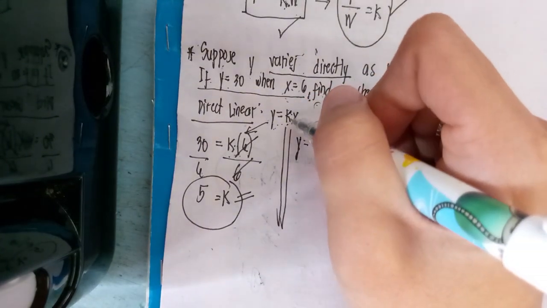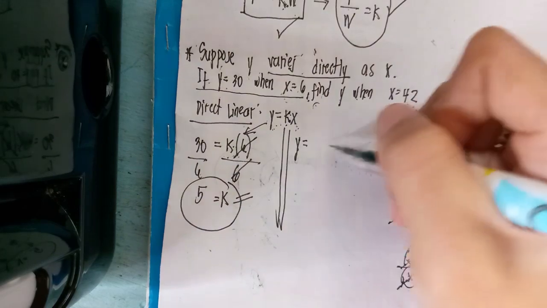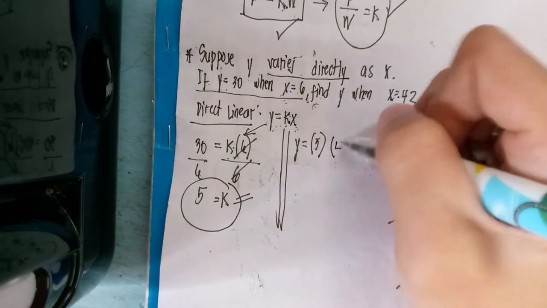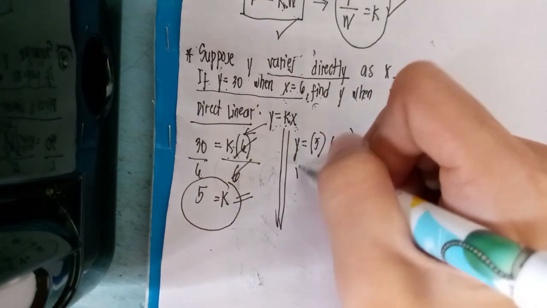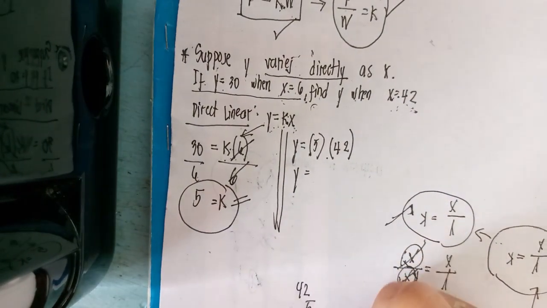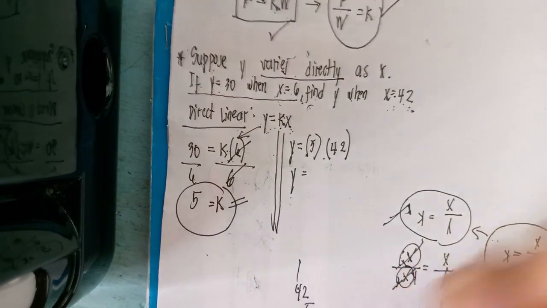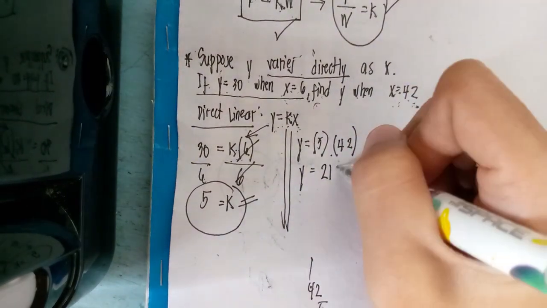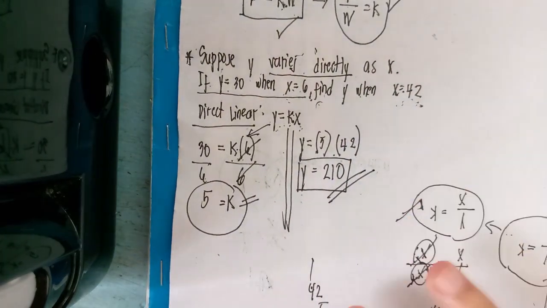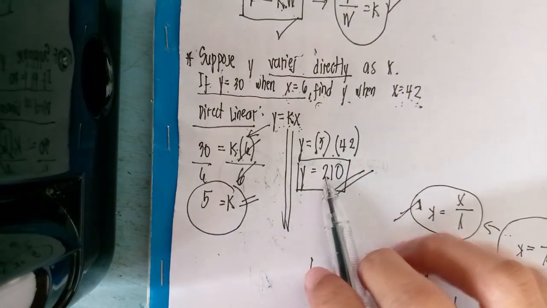So first, substitute the value of k. Ang k is nakita na, that is 5. And for x, pila man ang x? 42. Kung si x is 42, pila si y? So we have y is equal to, simply multiply 42 times 5: 5 times 2 is 10, 5 times 4 is 20, 21. So 5 times 42 is 210. So therefore, ang gipangita sa problem, find y: y is equal to 210.